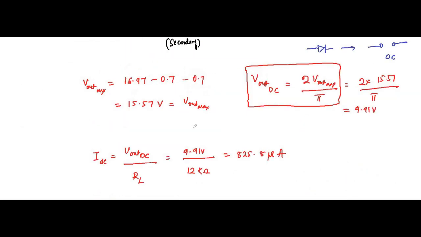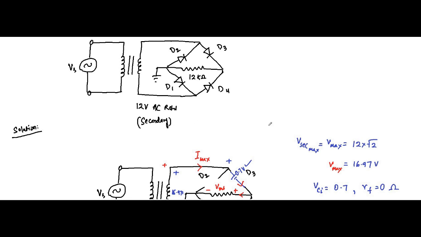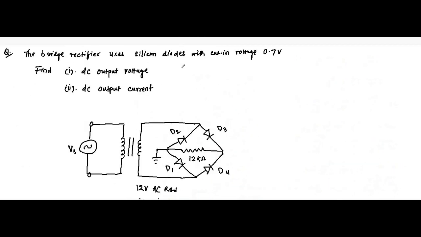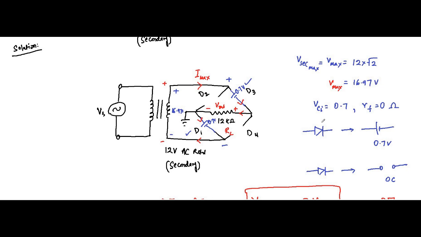So, a very simple question, but very conceptual. Here the cut-in voltage concept came into play. It was mentioned that these are silicon diodes with cut-in voltage 0.7 volt. So if the diode is on, it has to be replaced with its cut-in voltage. If it is off, it has to be replaced with an open circuit.